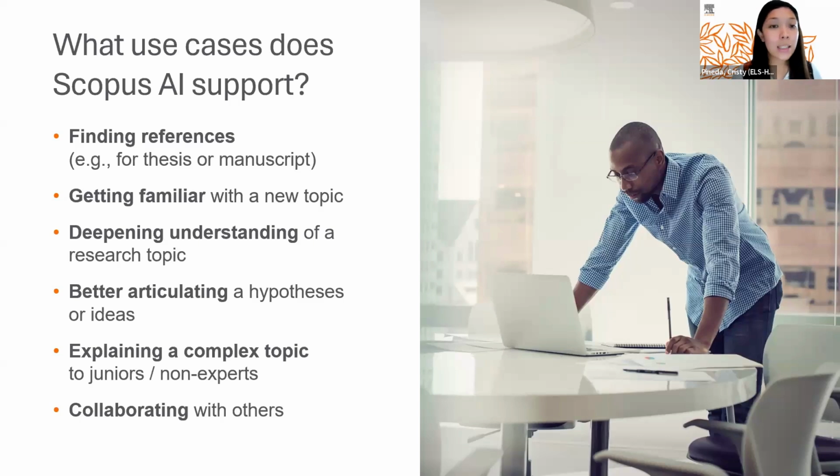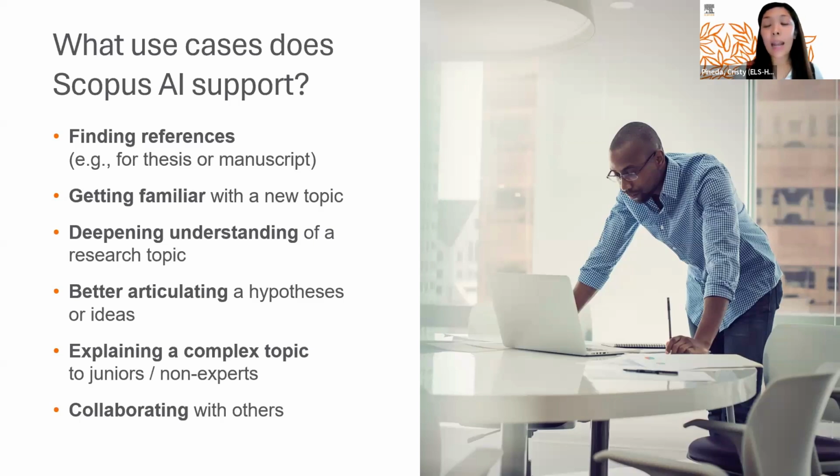Because again, just like Scopus.com, with Scopus AI, it immediately links you to other research output, other articles, other journals that would be able to help you in coming up with your hypothesis for your research. And in explaining as well a complex topic because it gives you a lot of links to further references that would give you information about your research.